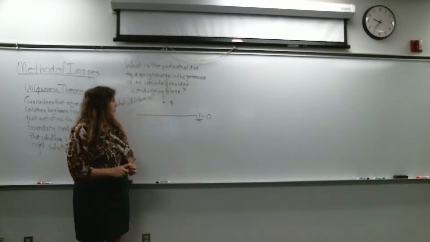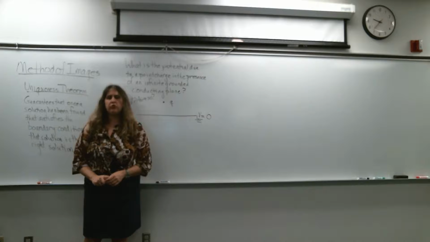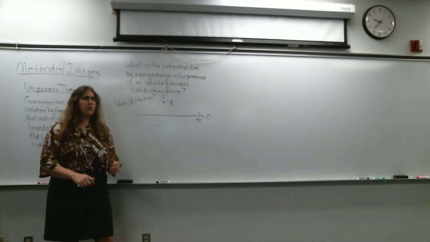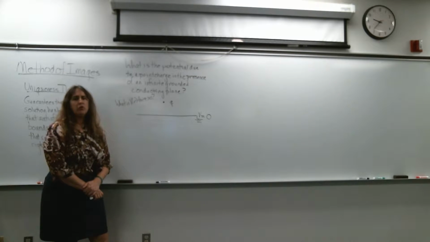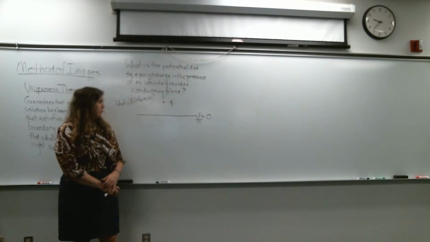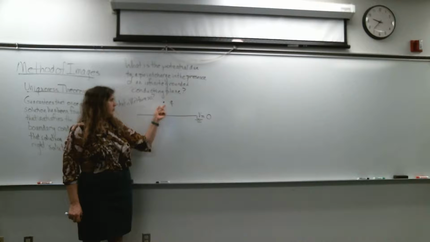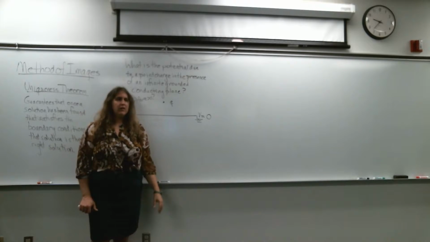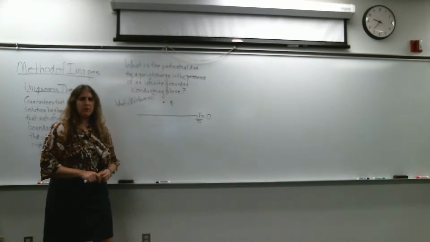Now, this looks like it might be kind of a tricky problem. We figured out what the potential was due to localized charge distributions in an earlier lecture, and the potential due to a single point charge.